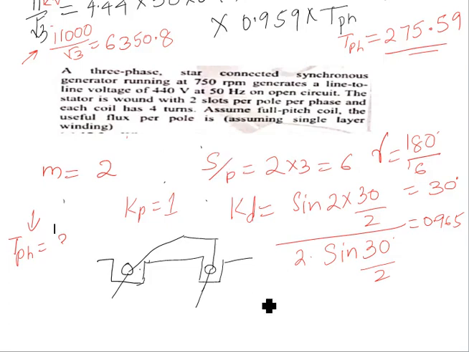It is said that slot per pole is 6. Here, slot per pole is 6. So we have to calculate the number of poles from 120 f by p.